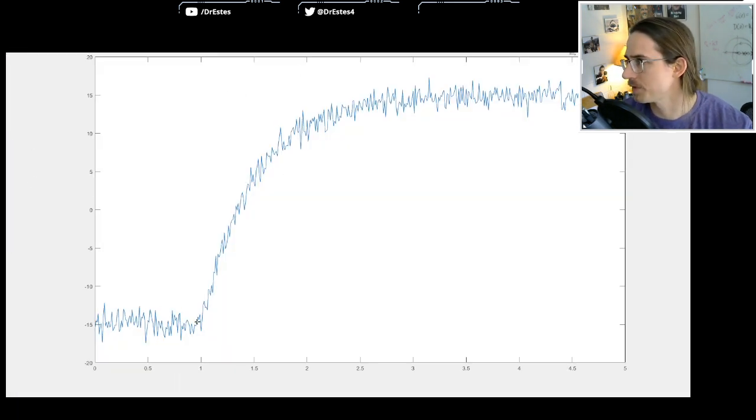Let's zoom in here. We start at minus 15. We go up to 15. So 63% of the progress to get there: we're changing by an amplitude of 30 because we're going from minus 15 to 15.